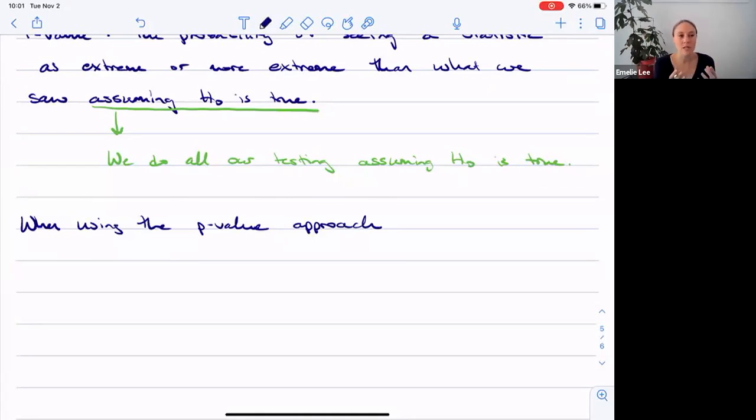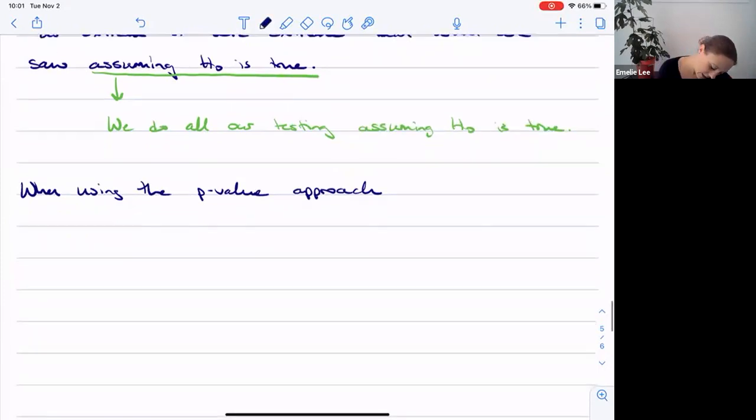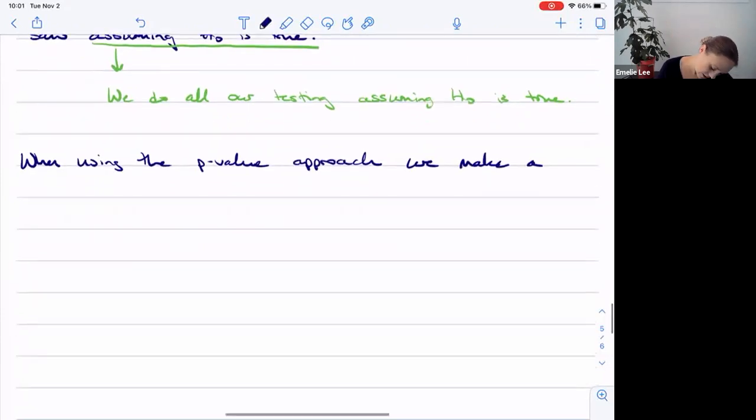The reason is that we are assuming that the null hypothesis is true, and so now we're relying a little bit more heavily on that. So when we're using the p-value approach, we make a few adjustments.